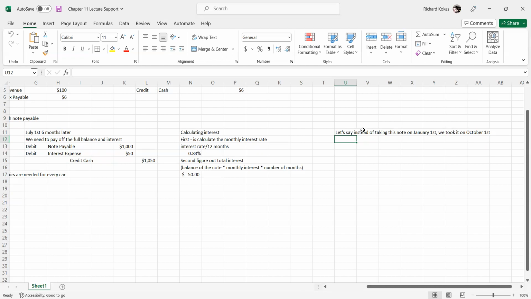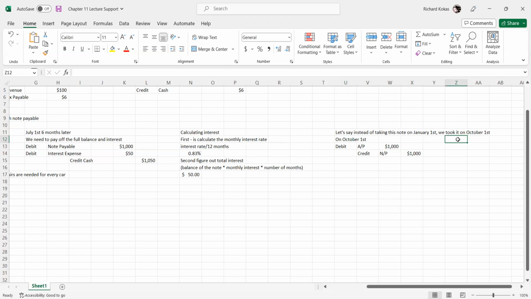So like I said, instead of taking this note on January 1st, we took it on October 1st. On October 1st, it's the same thing. We debit accounts payable 1,000 and credit note payable 1,000. Again, it's a 6-month note, so we don't need to pay it back right away. Think about it: November 1st, December 1st, January 1st, February 1st, March 1st, April 1st is when we have to pay it.